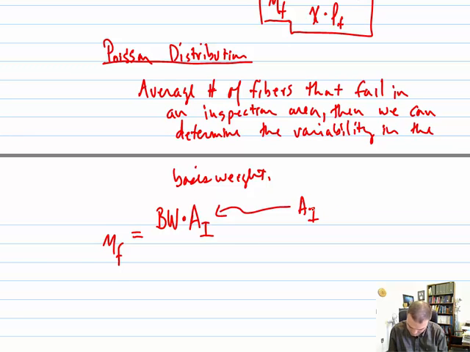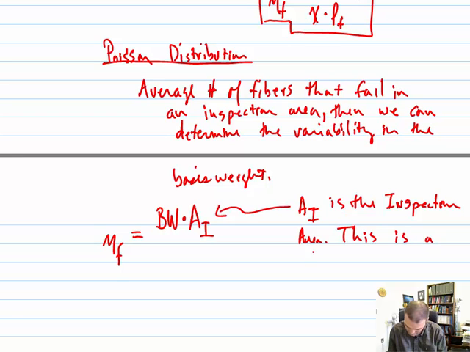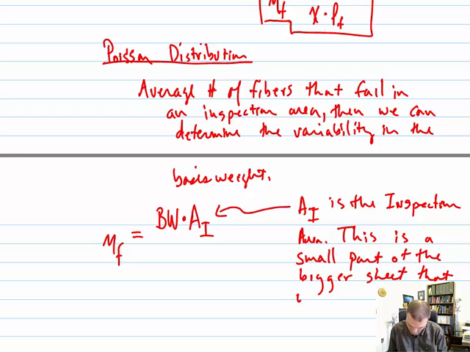So A sub I is the inspection area. This is a small part of the bigger sheet that we are examining.